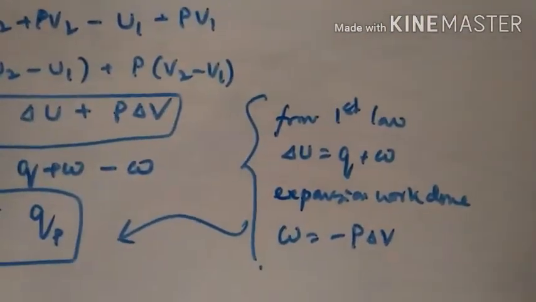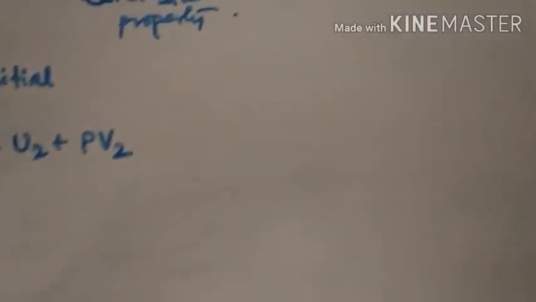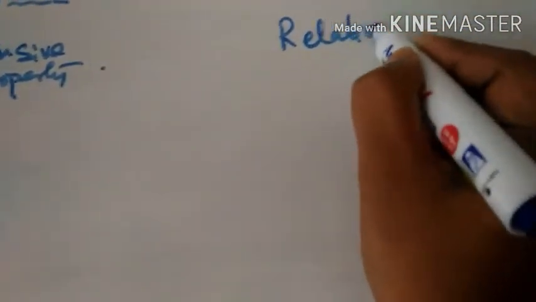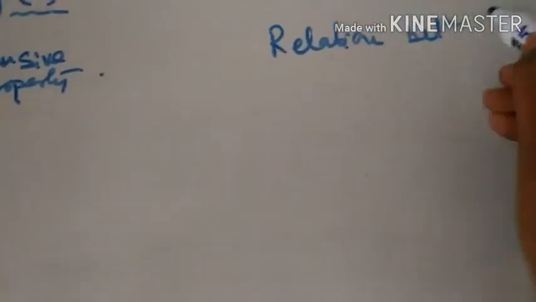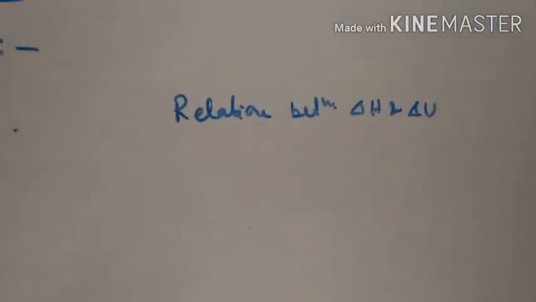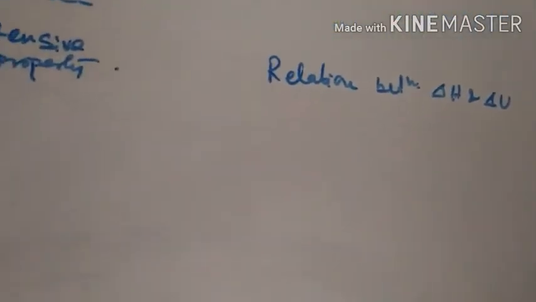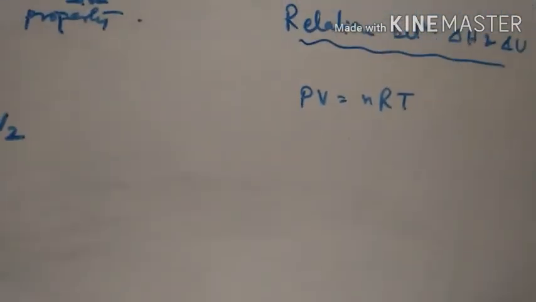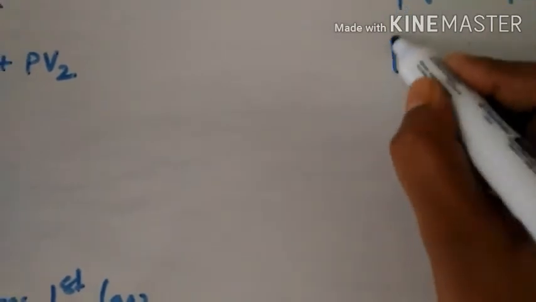Now we are going to the relationship between delta H and delta U. We already know from the gas laws that PV equals nRT.